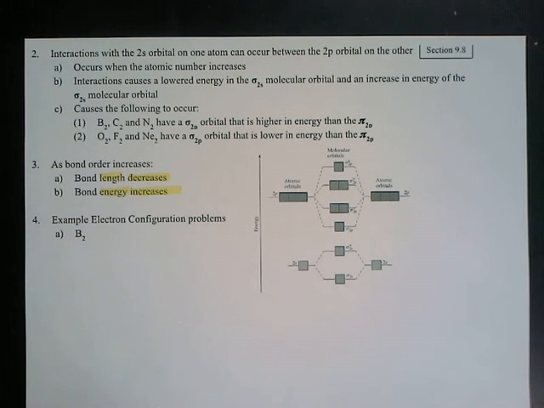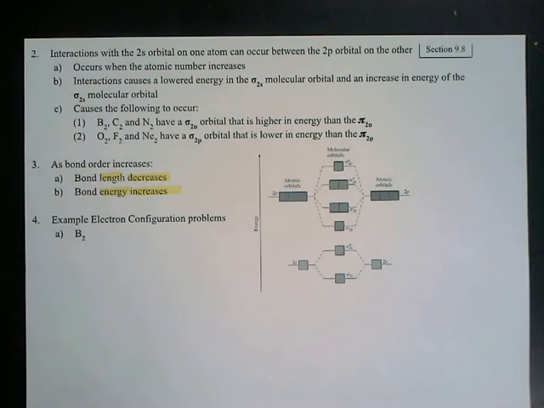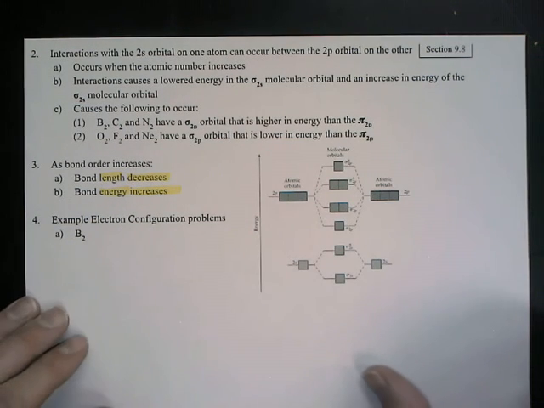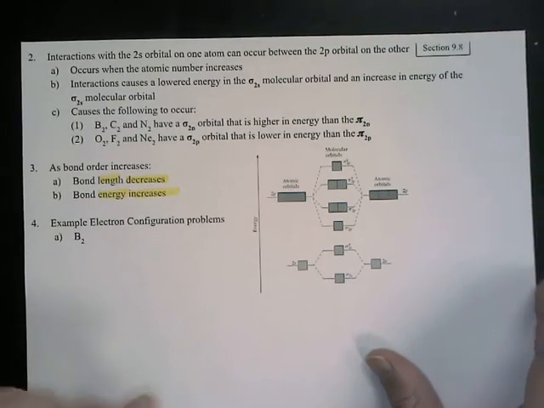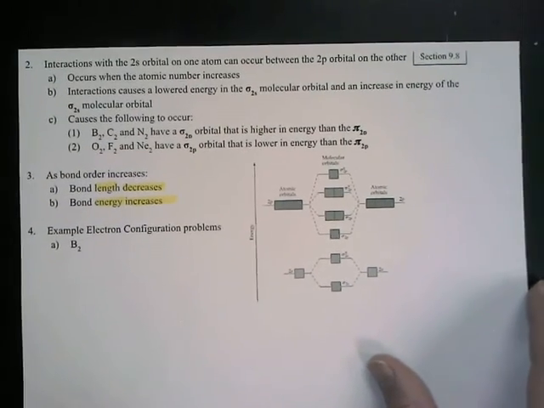As the bond length decreases and our bond energy increases, that means our bond order has increased. So again, our bond order increases, the bond length decreases, and the energy increases. And we need to do this example here.